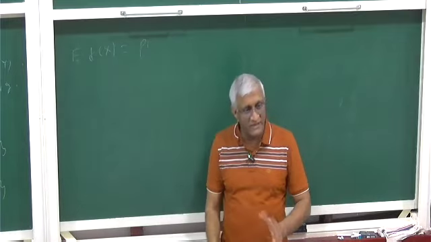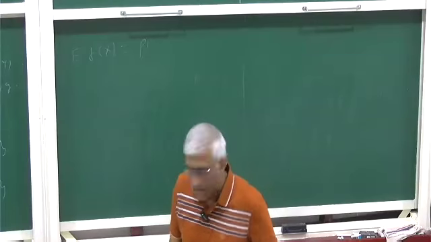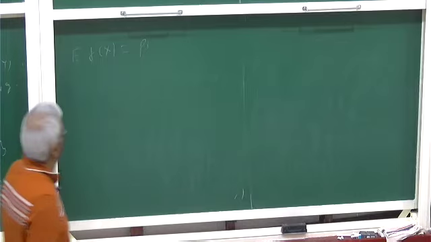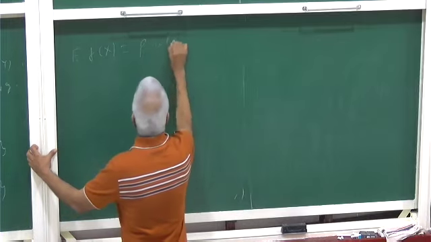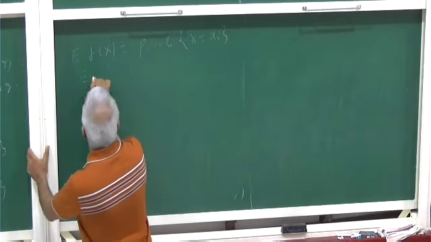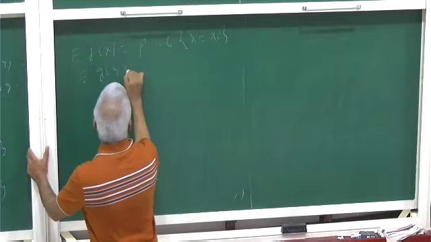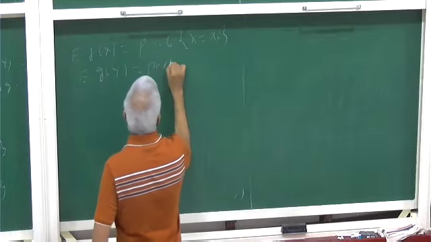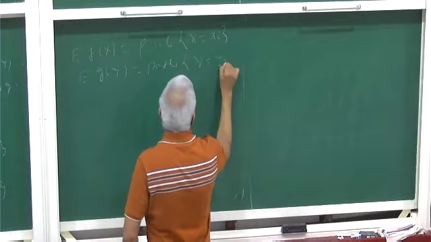The expectation of an indicator function is the probability of that set. Same thing for g of y equal to 1, where instead of x I have written y, the indicator of y equal to yj. If that is clear, this should also be clear. So e of f of x is just the probability of x equal to xi. Similarly, e of g of y equals the probability of y equal to yj.